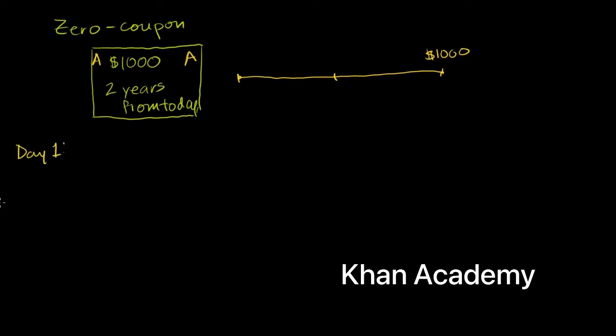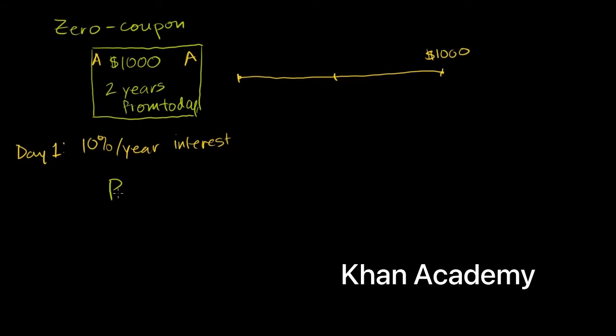Let's say people's expectations for this type of bond is they want 10% per year interest. So given that, how much would they be willing to pay for something that's going to pay them back $1,000 in 2 years? So the way to think about it is, let's say P is the price that someone is willing to pay for a bond. I'm going to do a little bit of math now, but hopefully it won't be too bad.